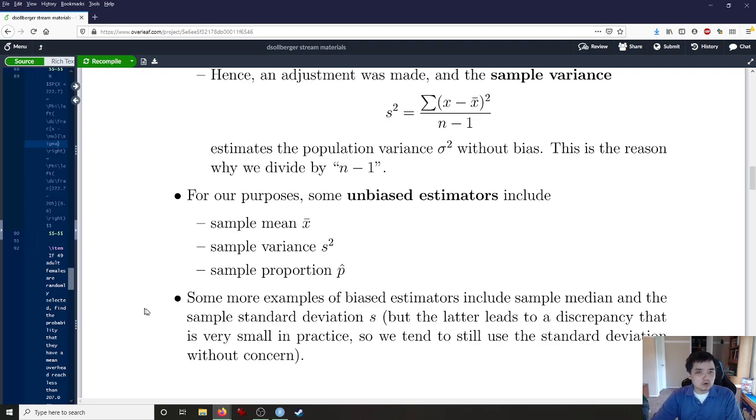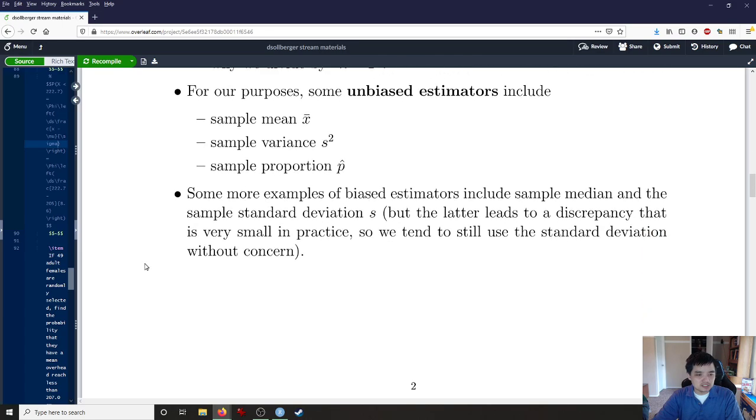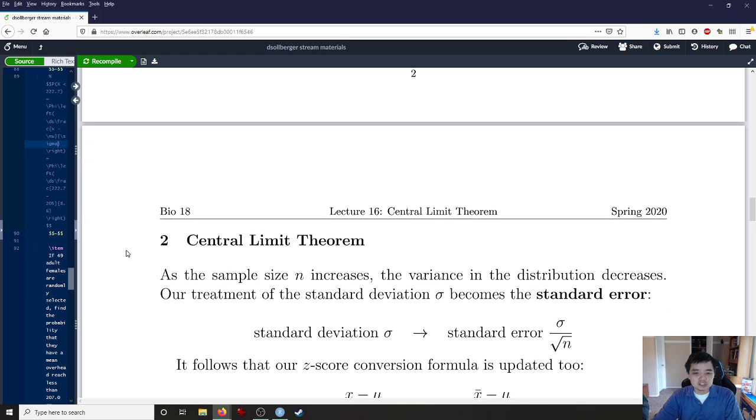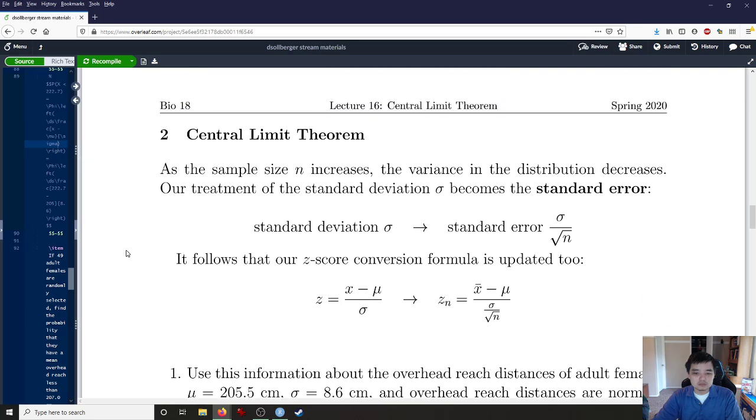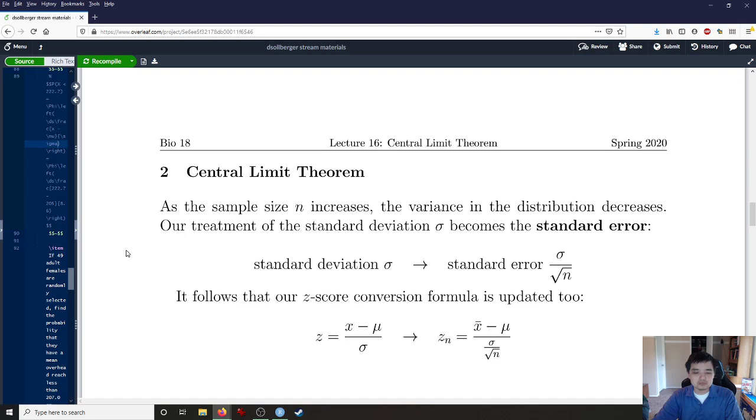Alright, so what would happen here in the semester after this strange interlude into this notion of estimators and sampling distributions is that then we could move into the central limit theorem. In words, what the central limit theorem says is that as the sample size n increases, the variance in the distribution decreases.